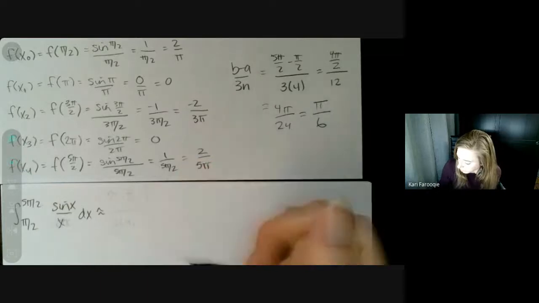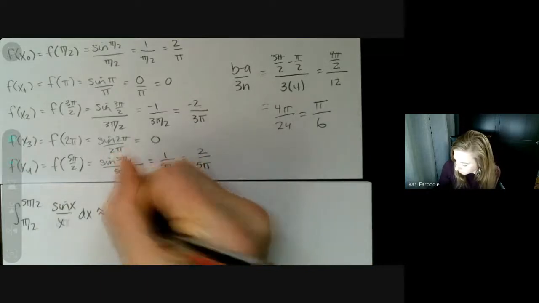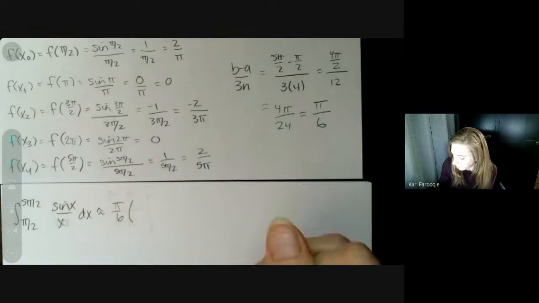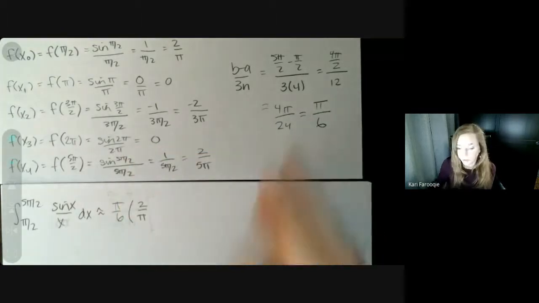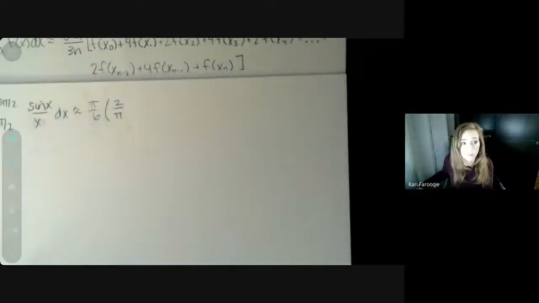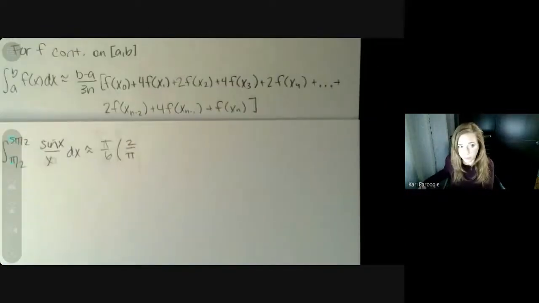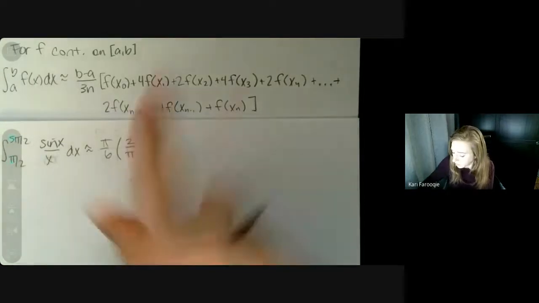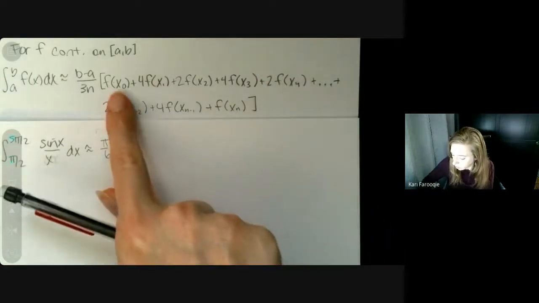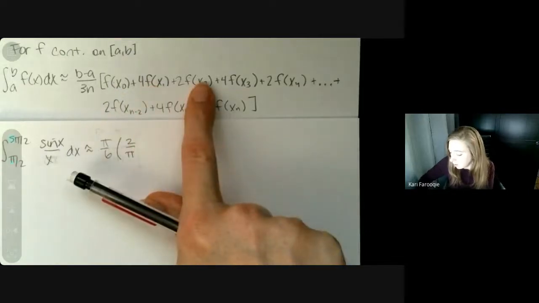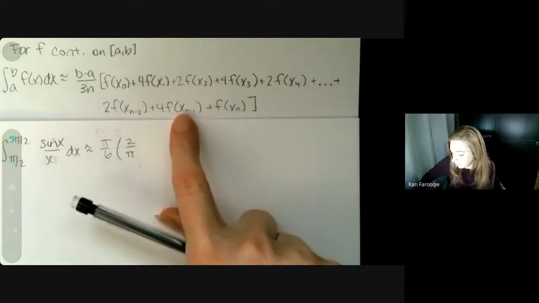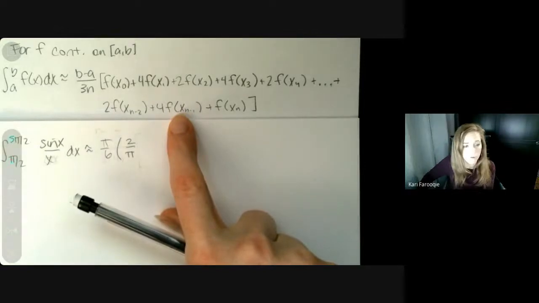All right, so we're doing pi over 6 times f of x sub naught, which is 2 over pi. All right, so now I'm taking you back to your formula here. There it is. Okay, so this will be for our x sub naught, x sub 1, x sub 2. Our x sub 3 is going to be this value, f of x sub n minus 1, because n is 4.